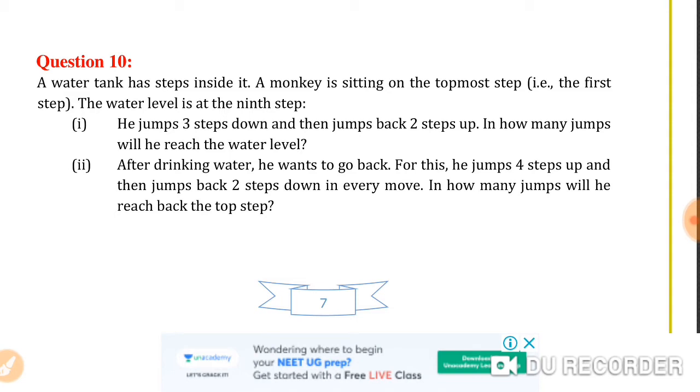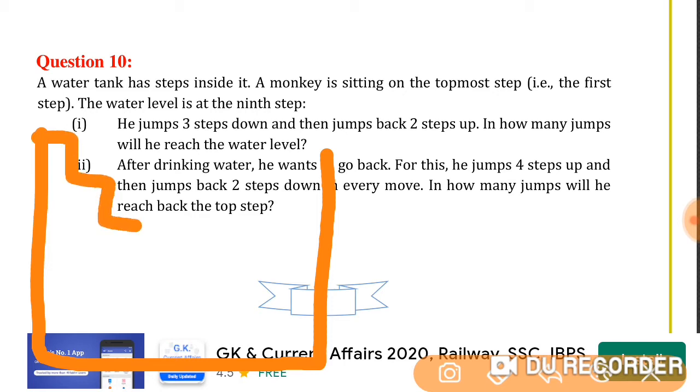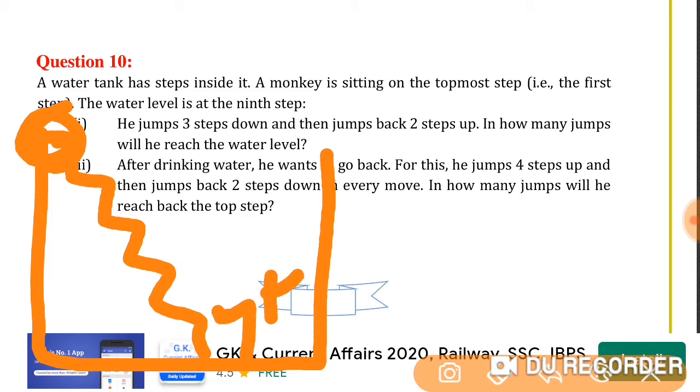See, first I'll explain the main question. There is a water tank here. There are steps like this inside. So the monkey is sitting on the first step. Somewhere here it is considered as the 9th step. Here there is water. Inside also water is there. Consider. Okay, he jumps 3 steps down.